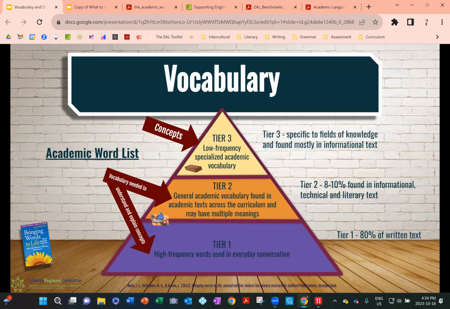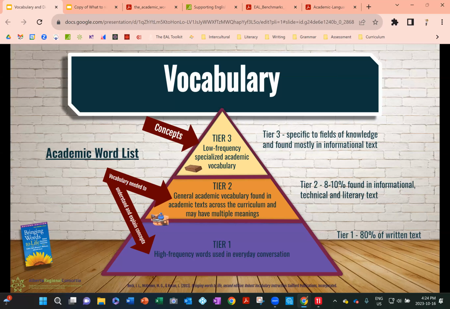Tier 1 words are very high frequency. They're used in everyday conversation, and they make up 80% of written text. So that's a large chunk of vocabulary, and I'm using it right now. Probably 80% of what I'm saying is tier 1 vocabulary.